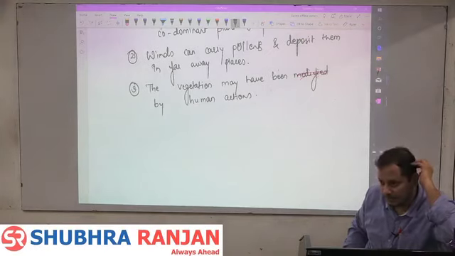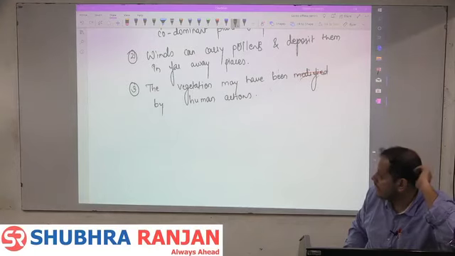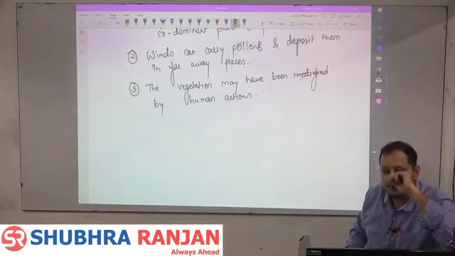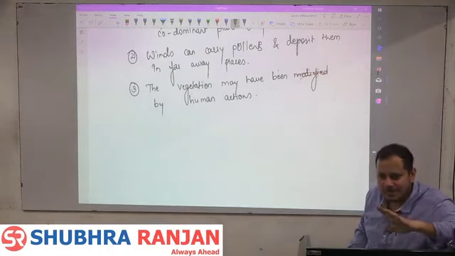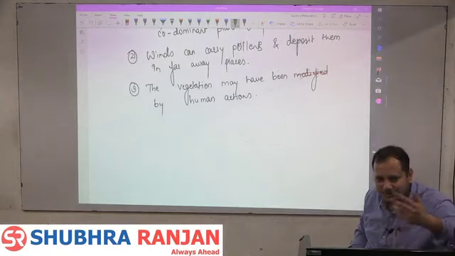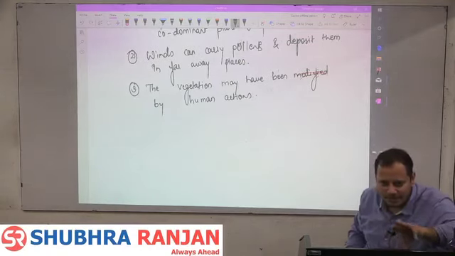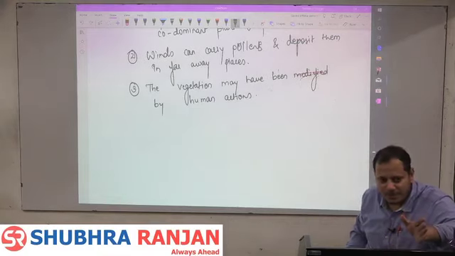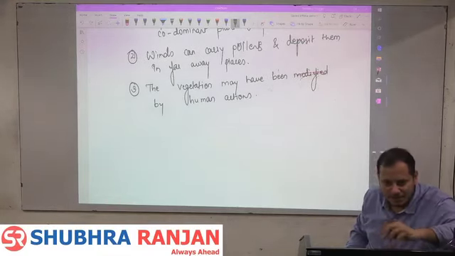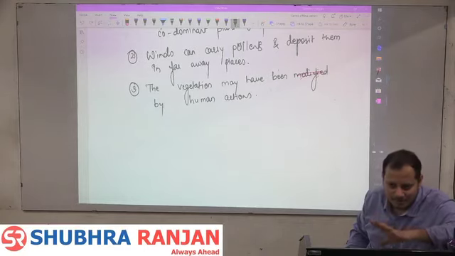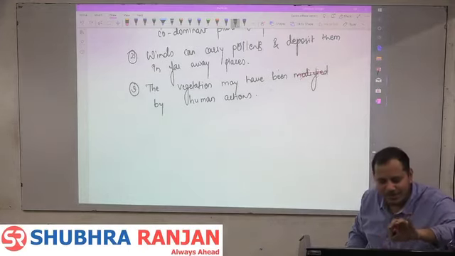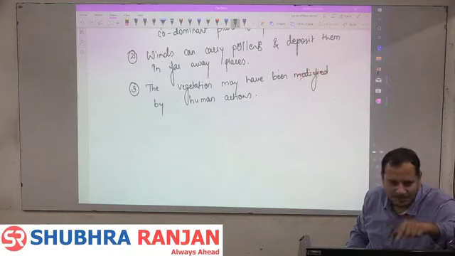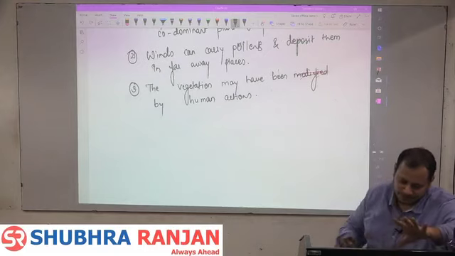Example, if human beings bring some plant from outside and start a plantation, and then we are studying the plantation, that gives us a wrong indication that this was the climate. Understanding? Example, we have brought in so many palm trees from Africa and cultivated them along the Himalayas. Suppose if anything happens to the Himalayas, and after thousands of years somebody is doing the pollen analysis in the Himalayas, he will come to a wrong conclusion that the Himalayas had an equatorial type of climate. Getting it? This is a limitation.